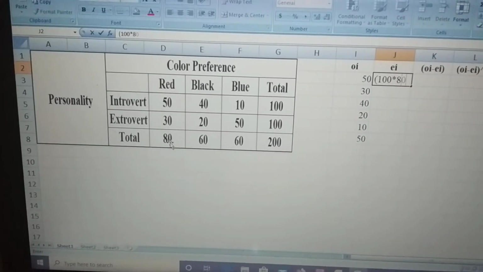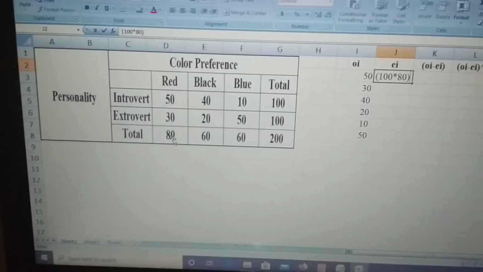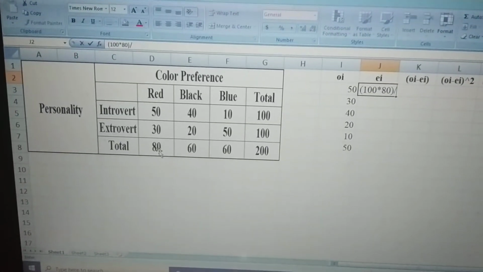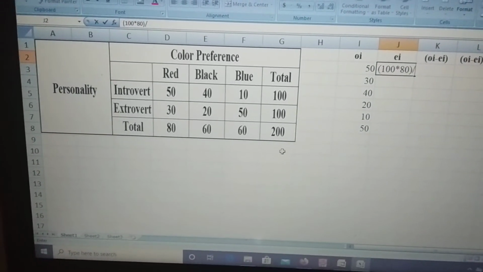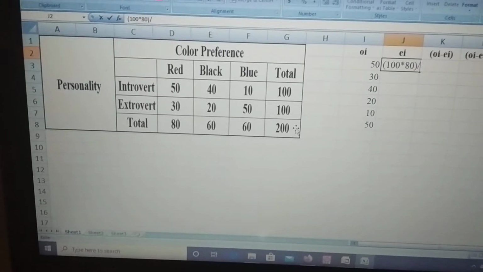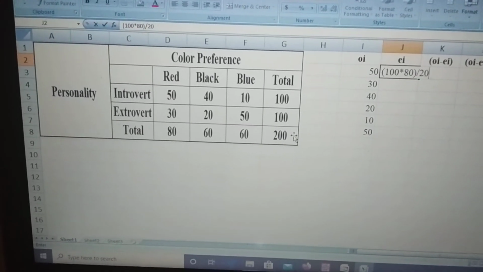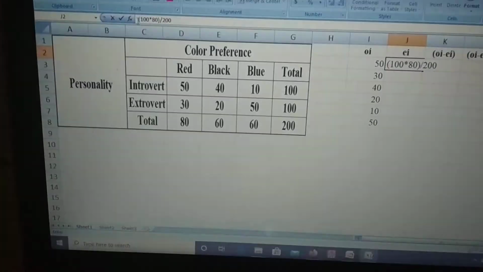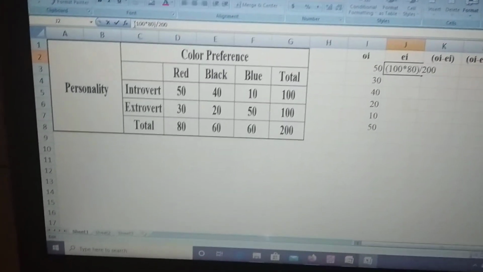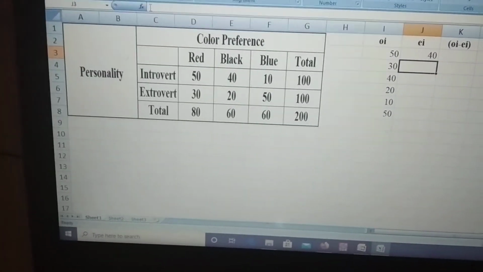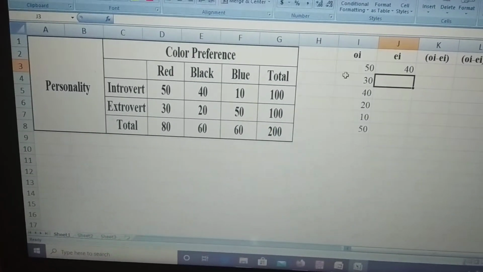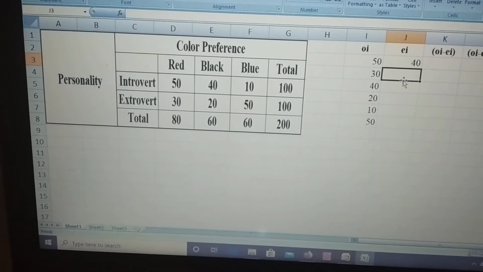We wrote 80 divided by the grand total, that is 200. So we get the answer 40. Similarly, we'll calculate the other values.